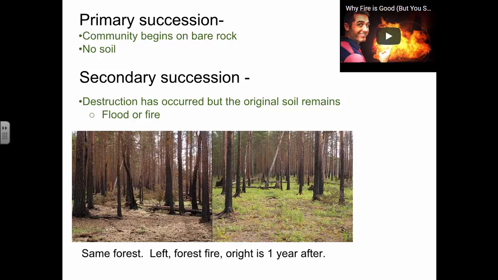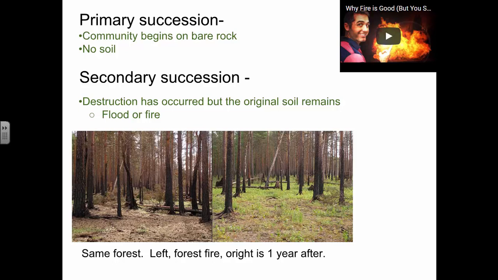And here in this picture, we can see the stages. This is a forest that was affected by a forest fire, which destroyed the vast majority of the vegetation on the forest floor. And then 1 year later, we have succession beginning, where new plants are starting to grow.